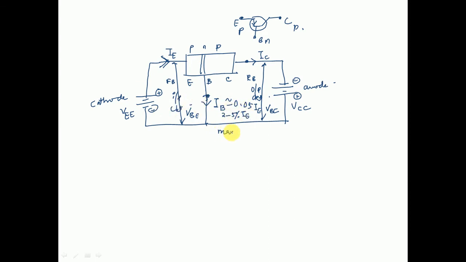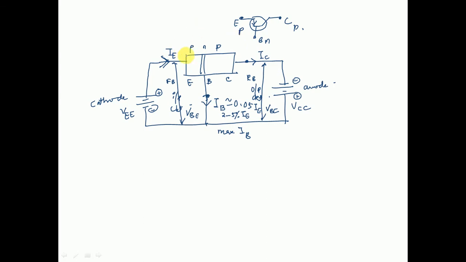This is the maximum amount of IB that can flow, that can actually come out of the base. So you are fairly getting this idea that IE and IC are very, very high, greater in magnitude as compared to the IB.